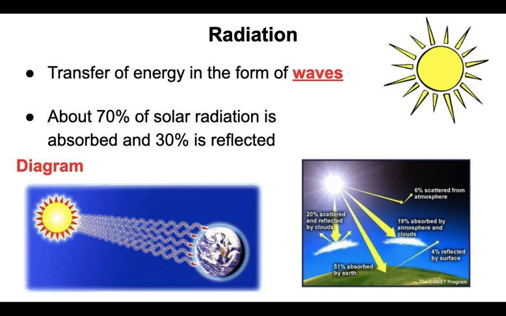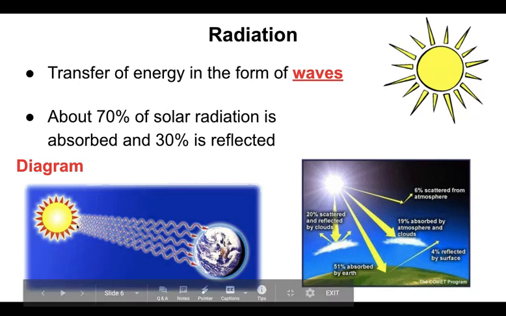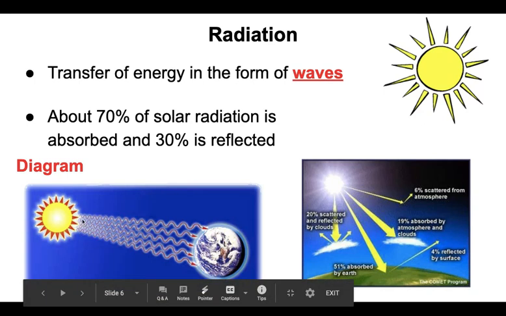The third method of heat transfer is through radiation. Radiation is the transfer of energy in the form of waves. Energy from the sun is traveling through space in the form of radiation waves to heat up the Earth.